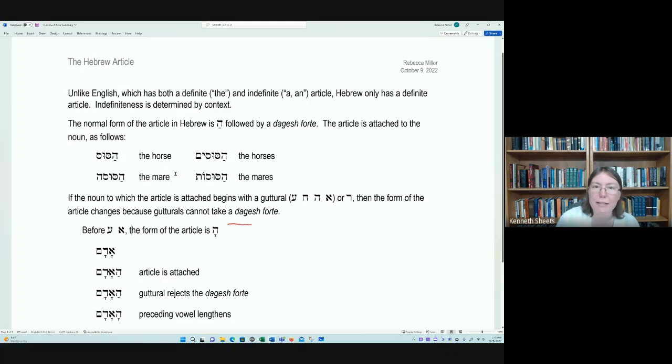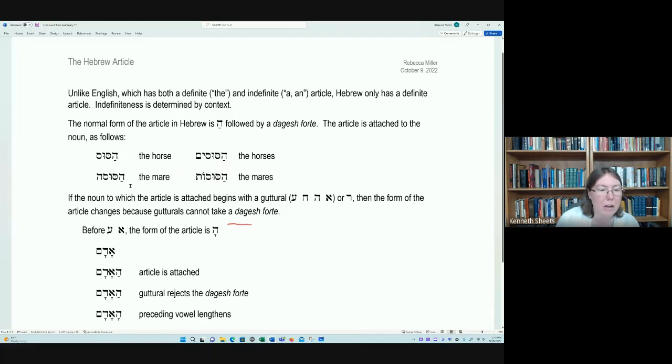Let's say I wanted to make sus plural, then I would add the im ending to it and add the he article to the front of that, so he with the pathach followed by a dagesh forte. And thus we would have the horses.